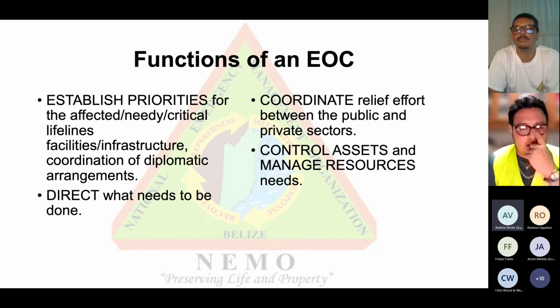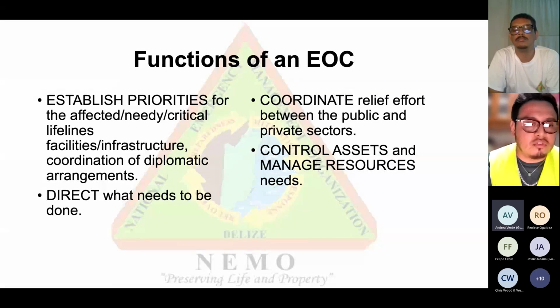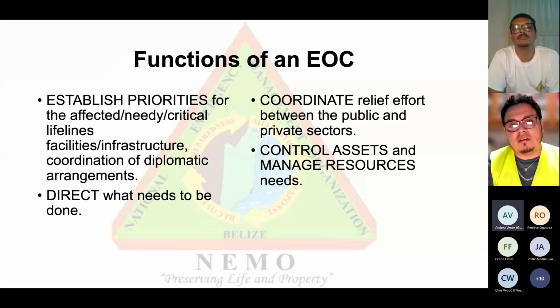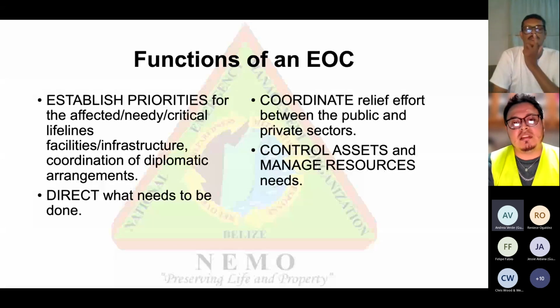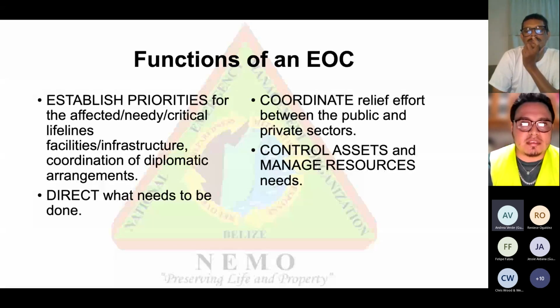We are trained in this emergency operation committee on how to come up with solutions and make wise decisions. We also direct what needs to be done. If you are a leader, you must act like a leader in making decisions. At the end of the day, we are there to save life and property, and coordinate relief efforts between the public and the private sector.